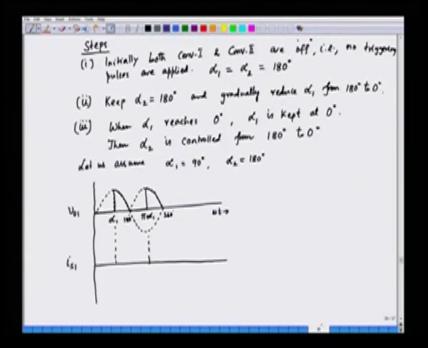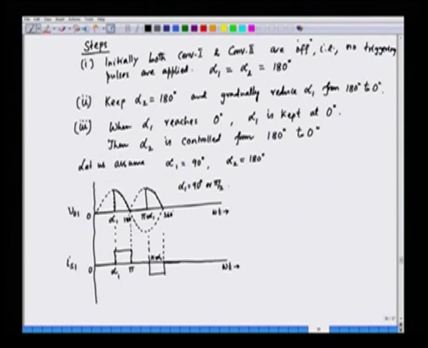So, we will find out what is IS1, and IS1 here will be, as we have seen before, a quasi rectangular current like this. This omega t is 0 here, and this is pi, this is alpha 1, this is pi plus alpha 1, and here alpha 1 is 90 or pi by 2.